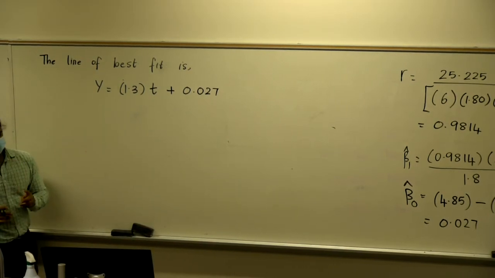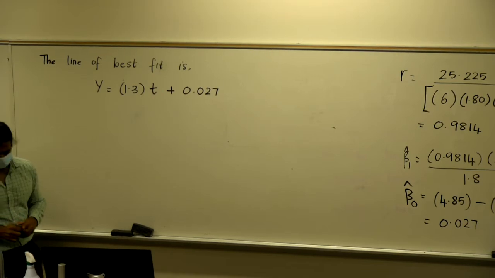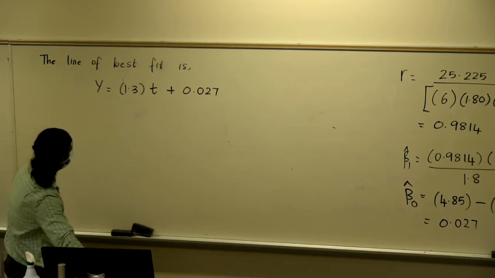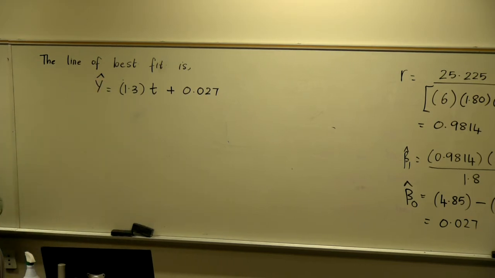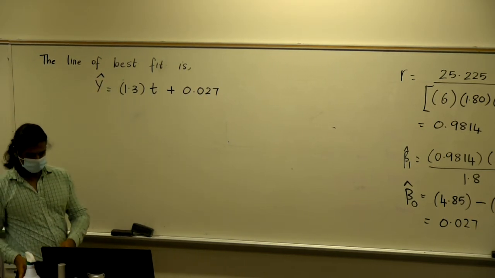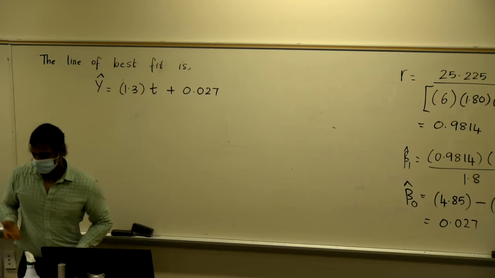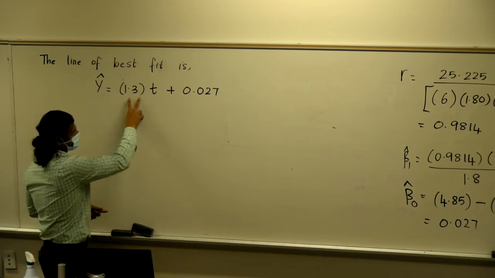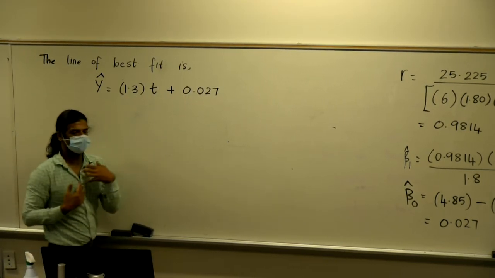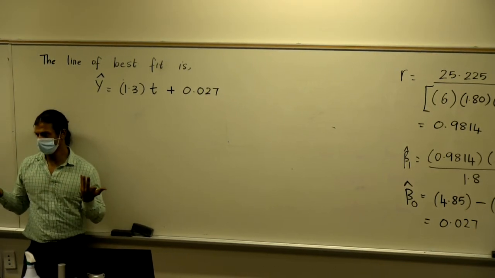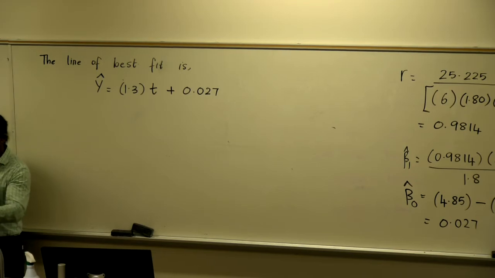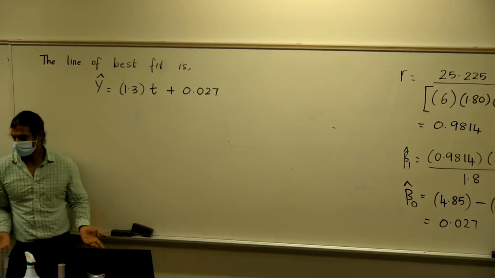And most frequently, in undergraduate texts mostly, we put a hat over y when describing that equation. So whatever values we have here for beta 1 and beta 0 are not written in stone. Do you agree? If I collected a different sample, I might get a different answer.